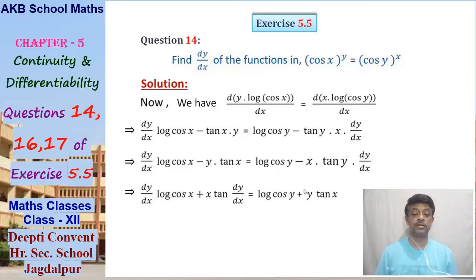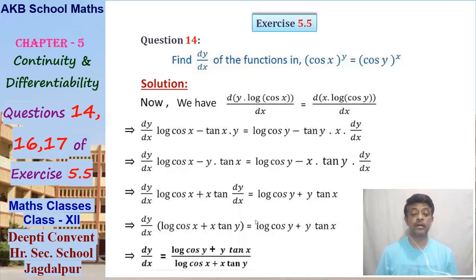Now transferring the dy by dx terms to the left hand side, and minus y tan x to the right hand side: log cos y plus y tan x, and taking dy by dx common, dy by dx times (log cos x plus x tan y) equals this. Now from here dy by dx is equal to this upon this, that is (log cos y plus y tan x) upon (log cos x plus x tan y). Clear? So this is the derivative.